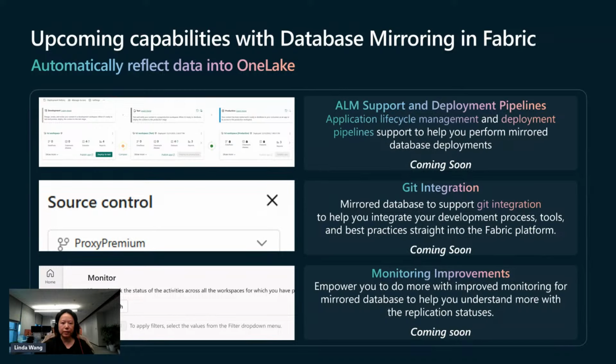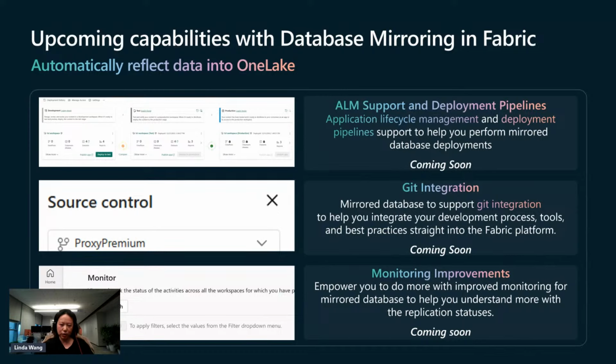Last but not least, we are improving the monitoring support for mirrored database as well. Currently, when you set up a mirrored database, we provide a glance view for all the tables that you choose to mirror. While it provides a high-level status, we also heard feedback that you want to know what happens behind the scenes, or what the status is over time for each table, and whether any issue happened.